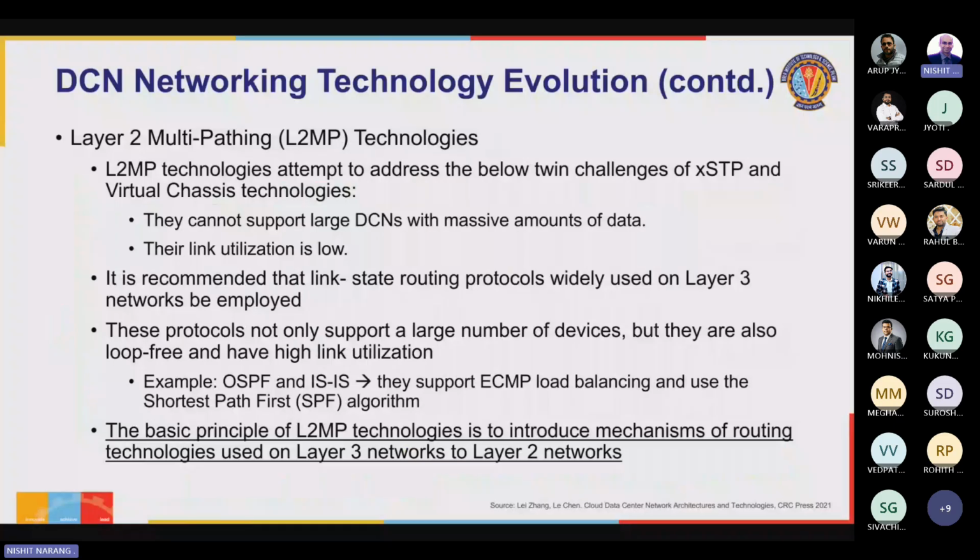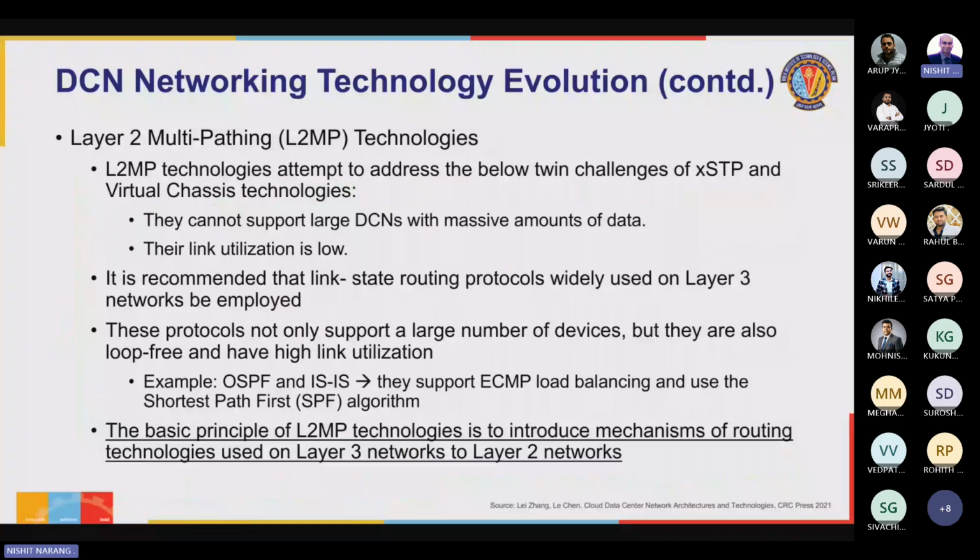Okay, so this is a very dramatic and drastic thinking that came in, which said, okay, we know that historically, layer 2 networks have been known to be self-learning networks, which learn and create their switching tables using broadcast mechanisms.